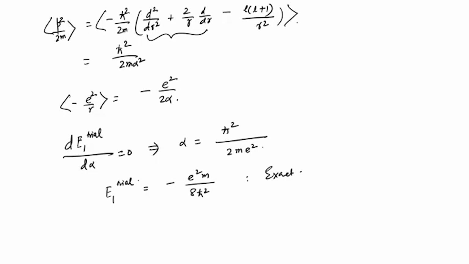These are not too difficult calculations, but they are lengthy at times because you need to calculate the expectation value of the kinetic energy and the potential energy. Here the potential energy is simpler to calculate because it does not involve any operation, but the kinetic energy term is complex because of the del square operator written in the radial coordinates.